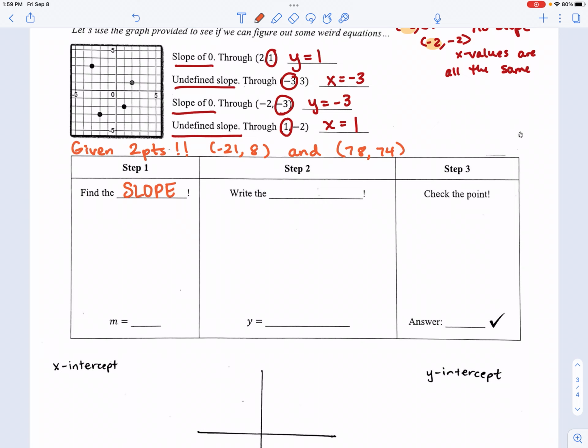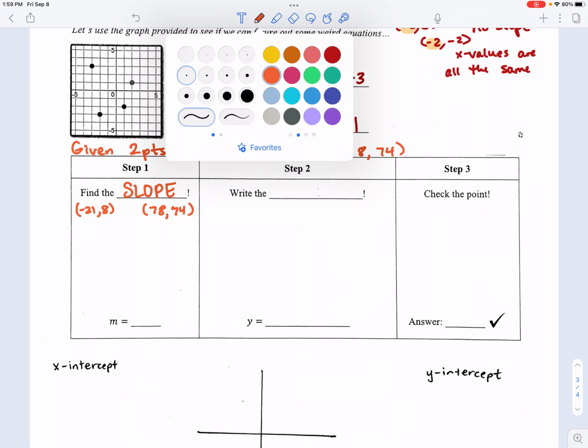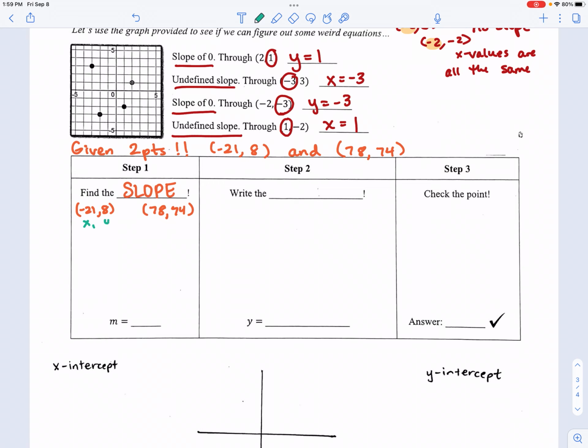And like I said before, always label your points. I have (-21, 8) and (78, 74), and I'm going to label these x1, y1, x2, y2. I'm going to plug that into my slope formula from before, which is y2 minus y1 over x2 minus x1.